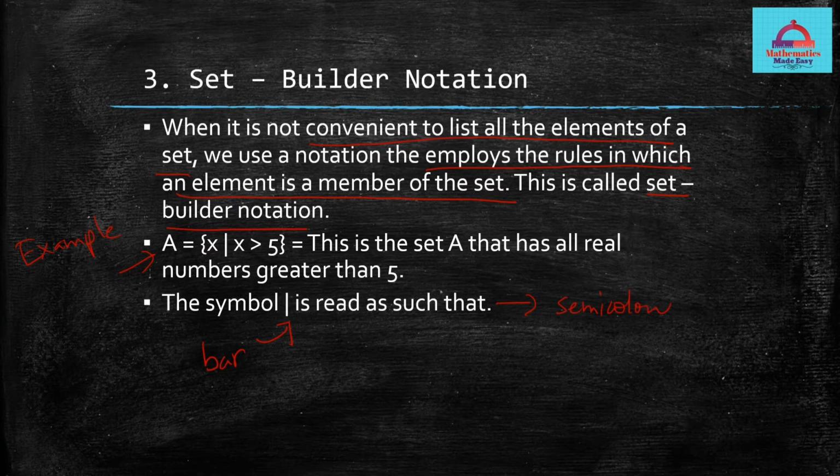So this set builder notation, as you can see here in the example, denotes the set A that has all real numbers greater than 5. So the rule is X is more than 5. You have the general element, which is X, such that this condition or this rule is going to be true. So that is an example of set builder notation.